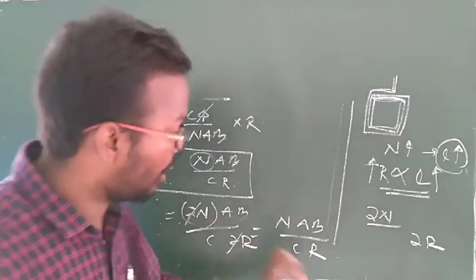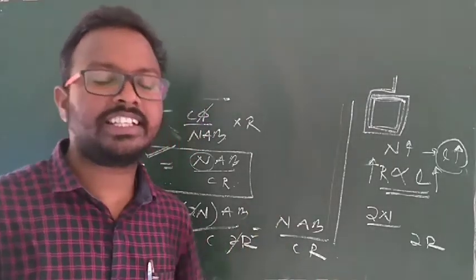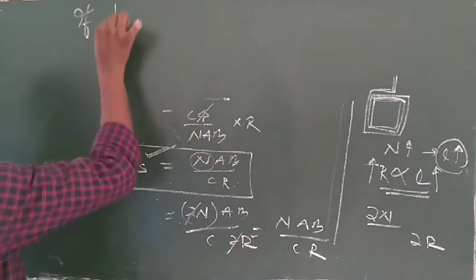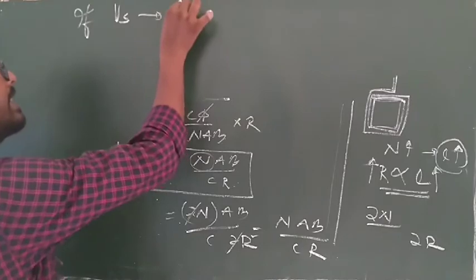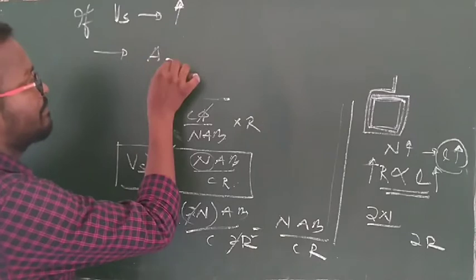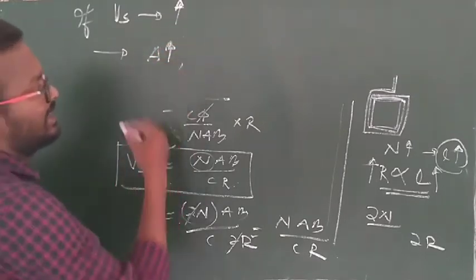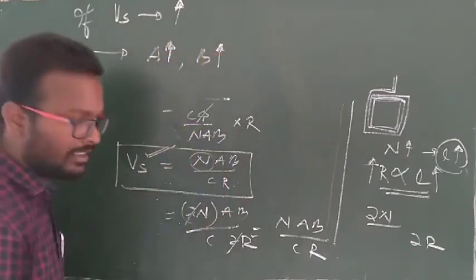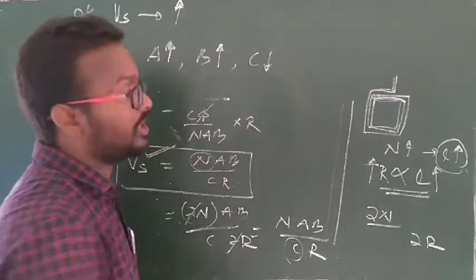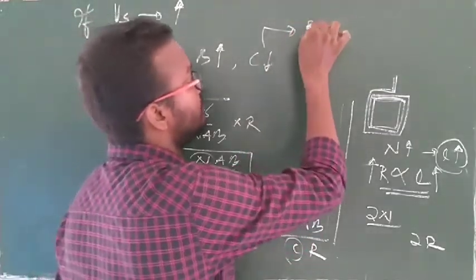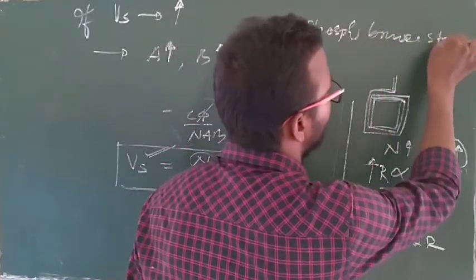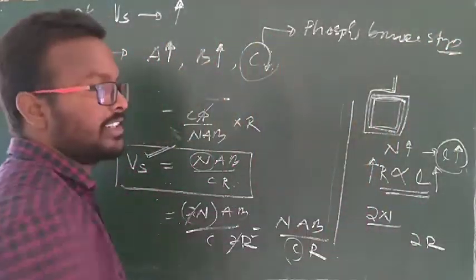So what is the condition for which the voltage sensitivity of a galvanometer can be increased? That means if you want to increase voltage sensitivity, then you have to increase the area and the magnetic field, but we have to decrease the value of C. So here we have to use a phosphor bronze strip, which decreases the constant factor.